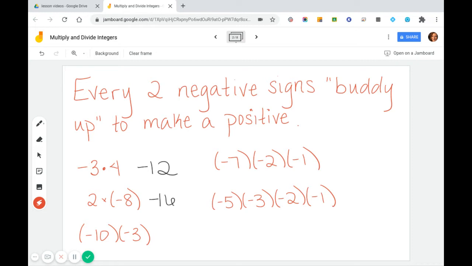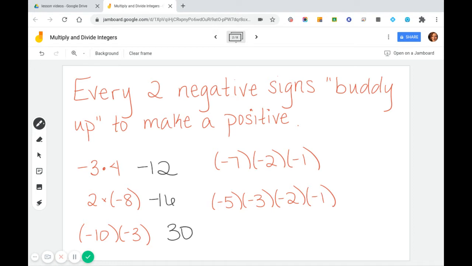The way that you'll start seeing it a lot more now for multiplication is like this, when you just have parentheses right beside each other. If you have a number beside parentheses or parentheses beside parentheses, if there's no operation symbol in between, then it means to multiply. So in this one, I know 10 times 3 is 30.